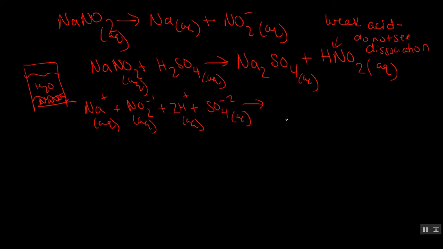So what happens to these products? We've got sodium, sulfate, and nitrous acid, and it simply does not dissociate because it is a weak acid. Looking at this reaction, you balance the equation, so put a 2 here, a 2 here, and a 2 here, and then we can get rid of our spectators.